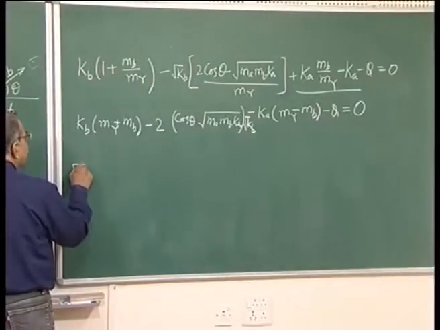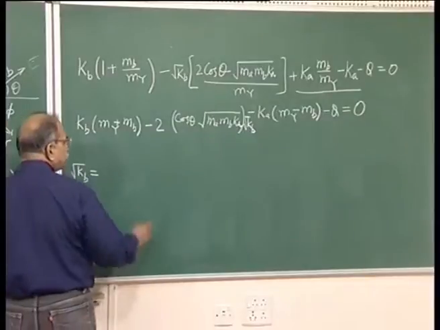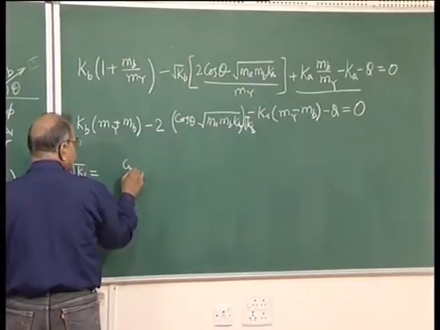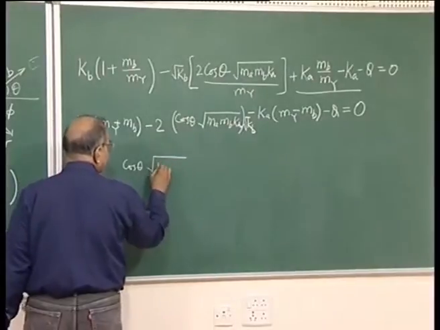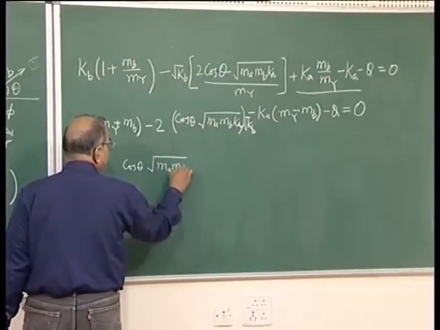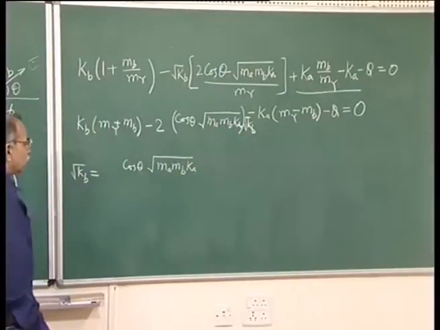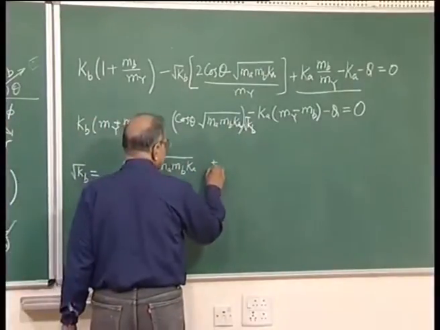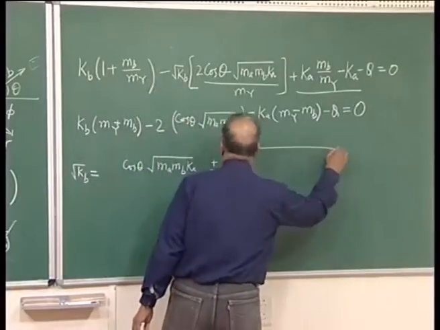So, root Kb, if you write, this will be minus b, that is cos theta square root of Ma Mb times Ka, plus or minus square root of b square minus 4ac.